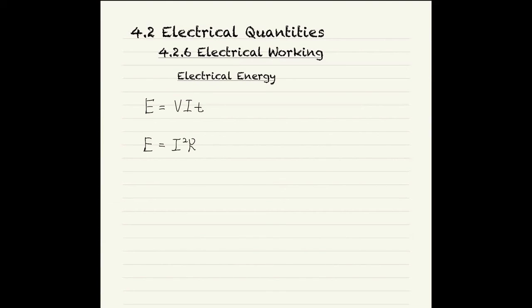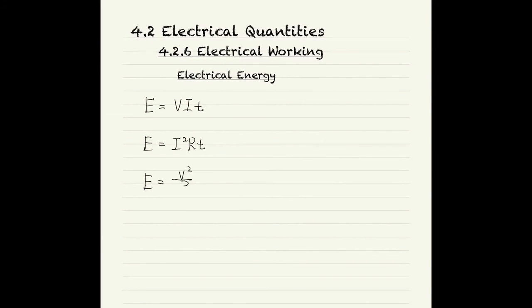There are three formulas for electrical energy. E equal to VIt. E equal to I square Rt. E equal to V square over R times t. V is voltage, unit is volt.